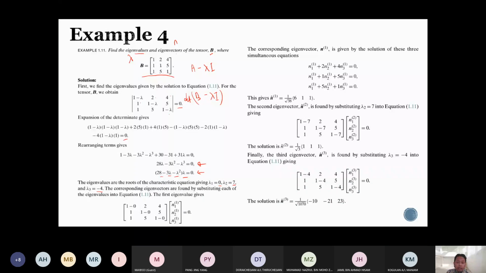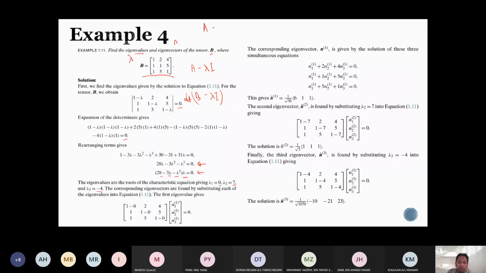Then you need to find the eigenvectors after you find lambda. So each lambda, lambda 1, lambda 2 and lambda 3, has its own eigenvectors. So we have n for lambda 1, n for lambda 2, and also n for lambda number 3. Okay, so to find n, we substitute each of the eigenvalues back into the original equation here.